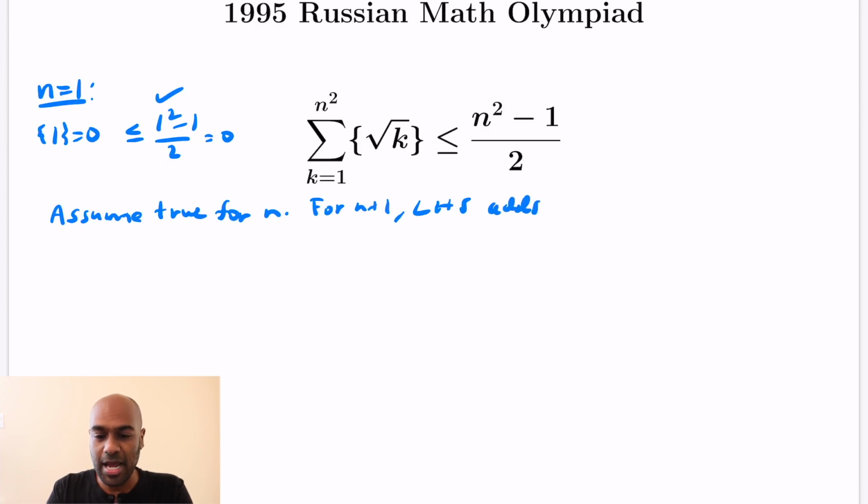Okay, and so let's look at what happens for n plus 1. So for n plus 1, we're going to take the left-hand side that we have here, and we're going to add a bunch of fractional parts.